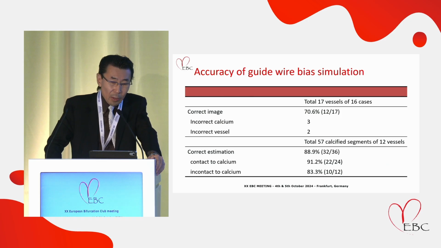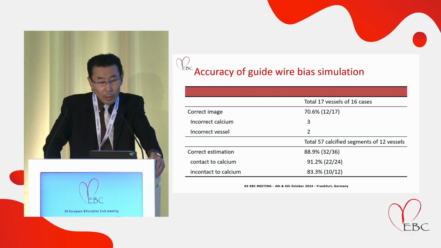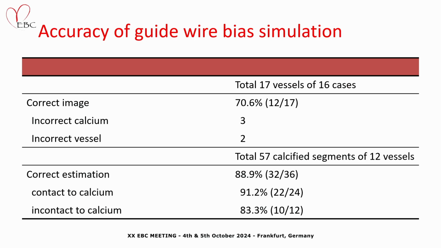Then I checked the accuracy of the simulation program. Seventeen vessels from 16 cases were evaluated, and it is not such a high score, but a good image of the calcification of the vessel was obtained in 71%. It is still under development.